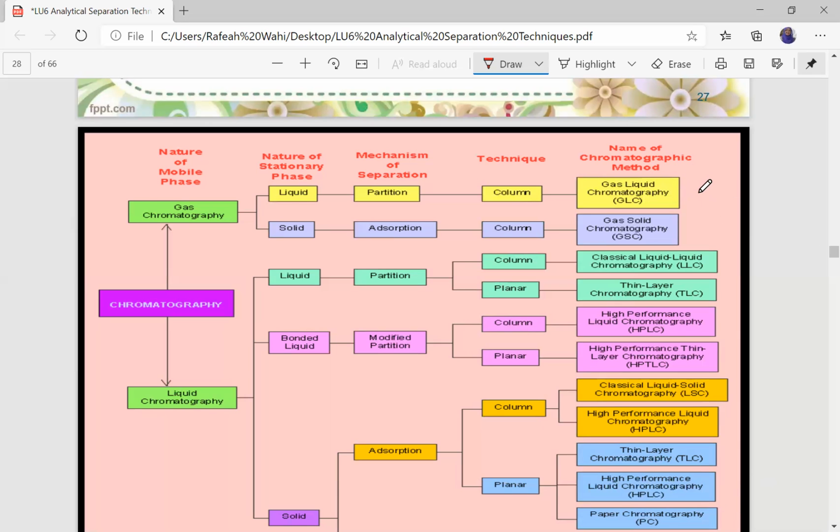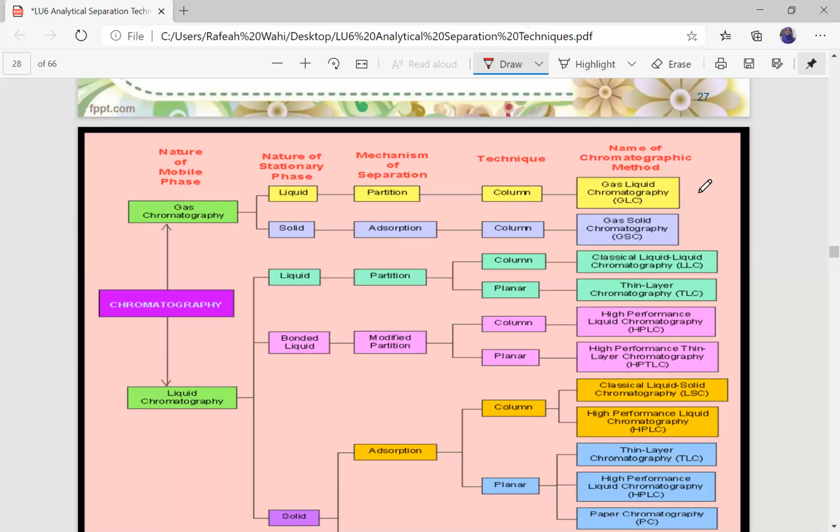You will come across these different instruments later on in your study or in your life as a chemist. For example, gas liquid chromatography, gas solid chromatography, classical liquid chromatography, thin layer chromatography.